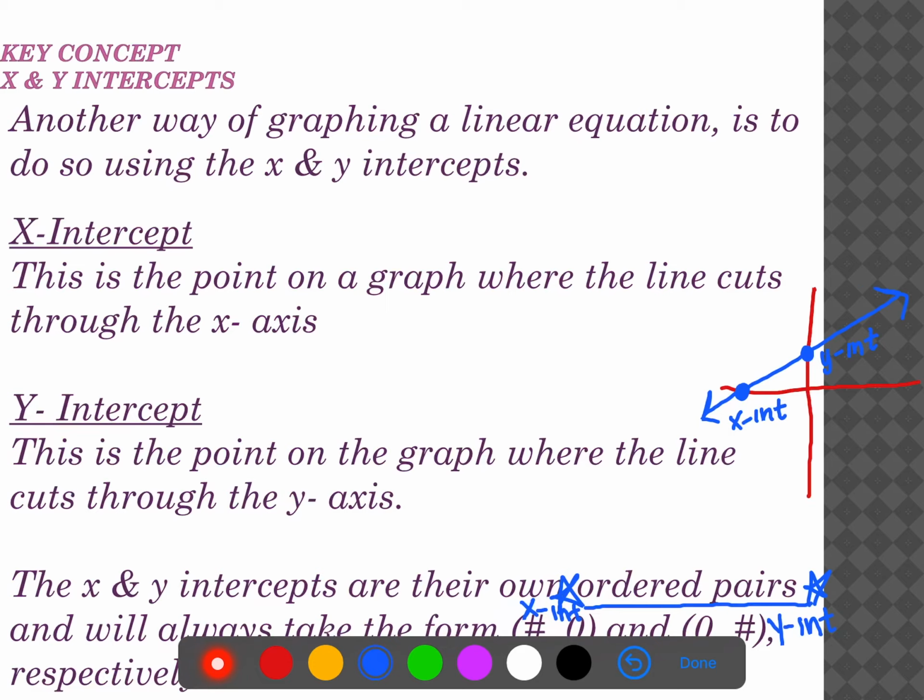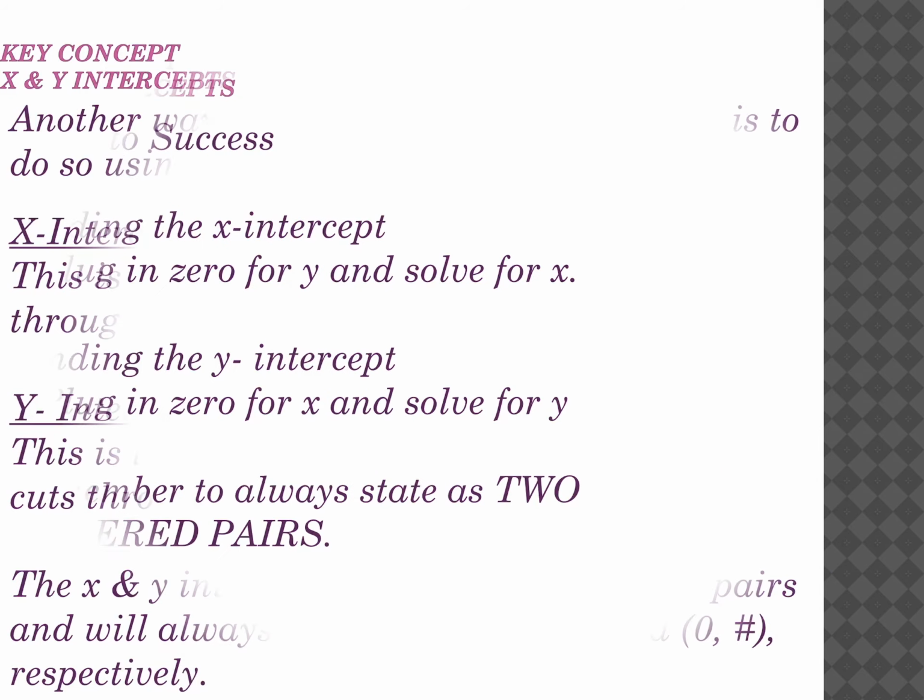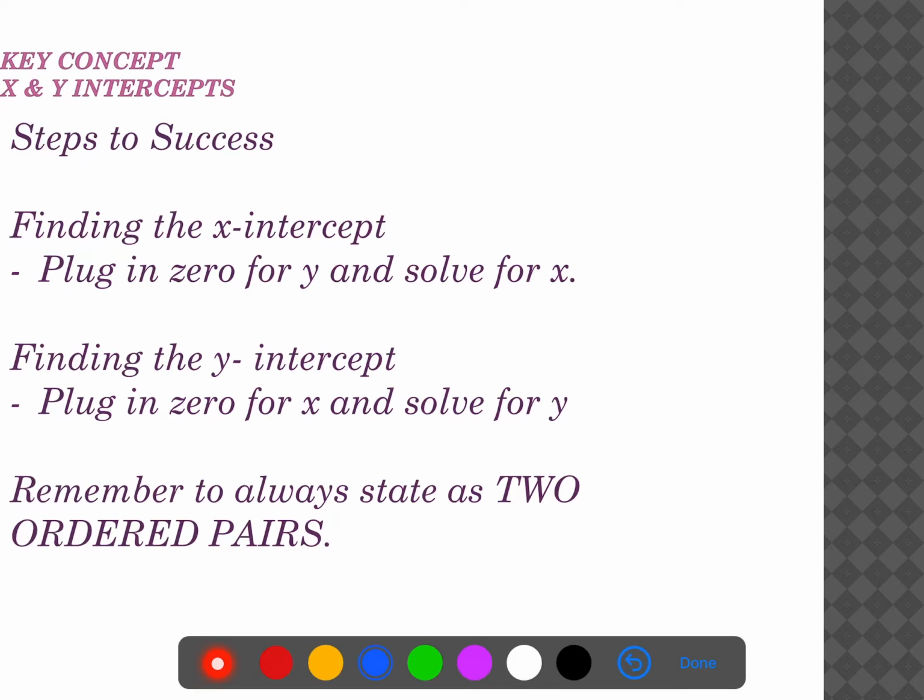So if the x-intercept always has a y value of 0, and vice versa, the y-intercept always has an x value of 0, we can use that to our advantage in order to solve for these ordered pairs on our graph. Okay, so let's take a look at an example to see what I'm talking about.